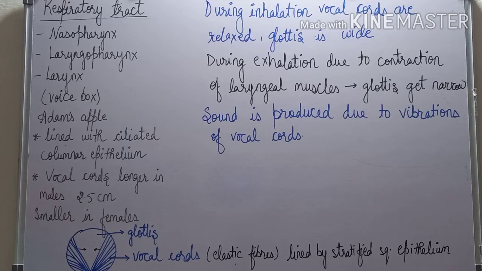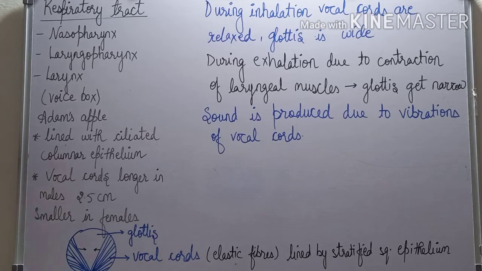This entire structure is surrounded by the laryngeal muscles. Basically the larynx is made up of laryngeal muscles and cartilages, the laryngeal muscles supported by four cartilages.